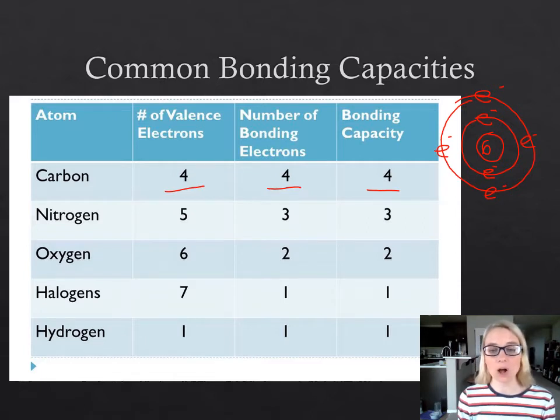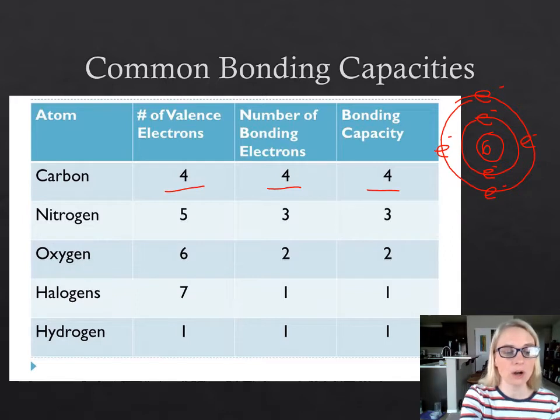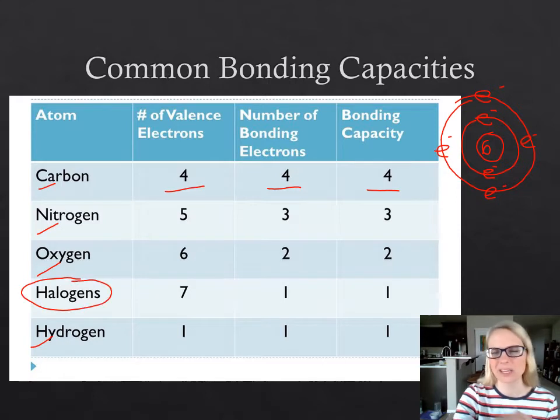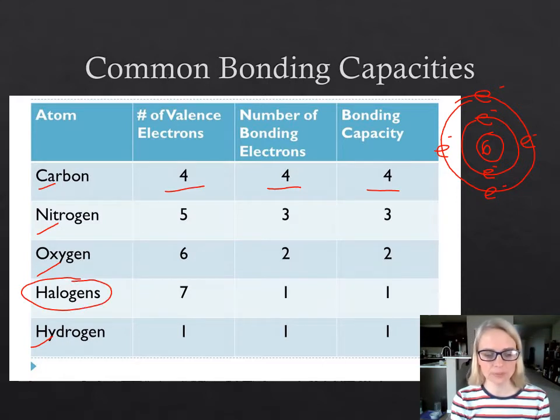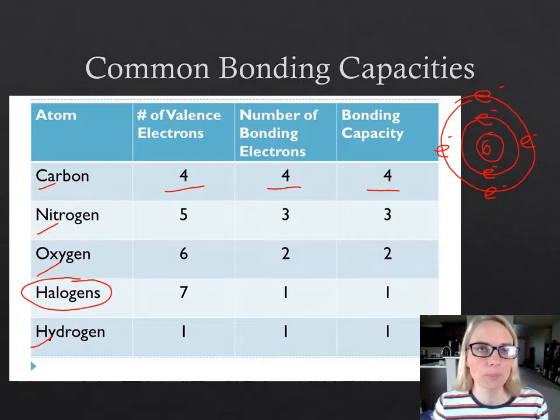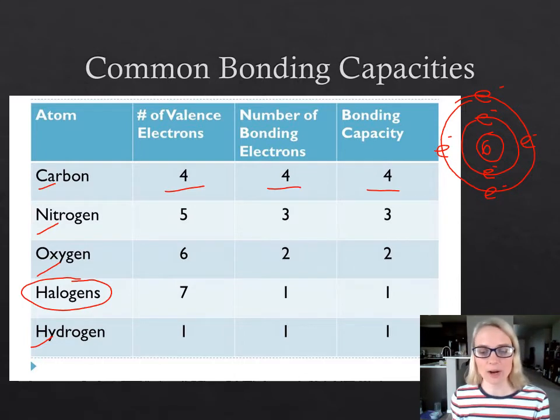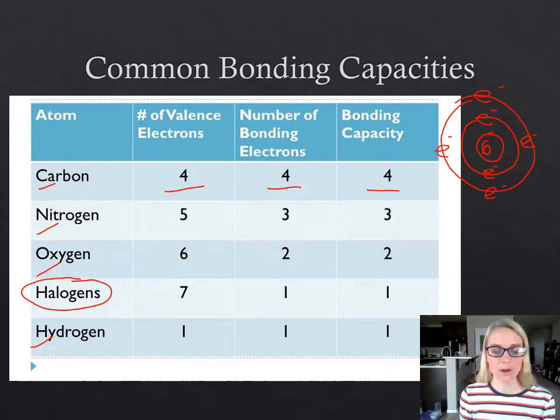The other atoms that are important in biological molecules are HONC: hydrogen, oxygen, nitrogen, and carbon. The halogens, like chlorine and fluorine, are important in some things like sodium chloride. We saw that with the ionic bonds.